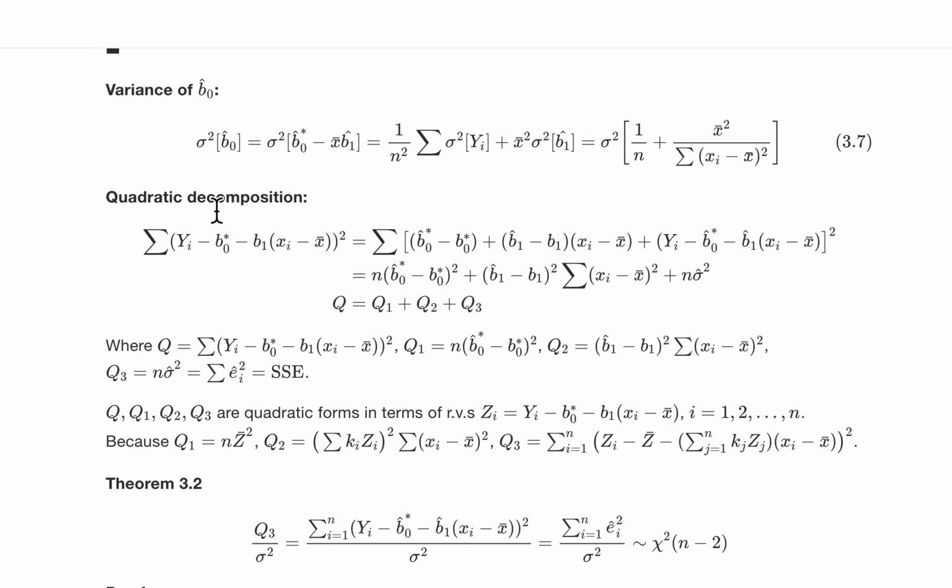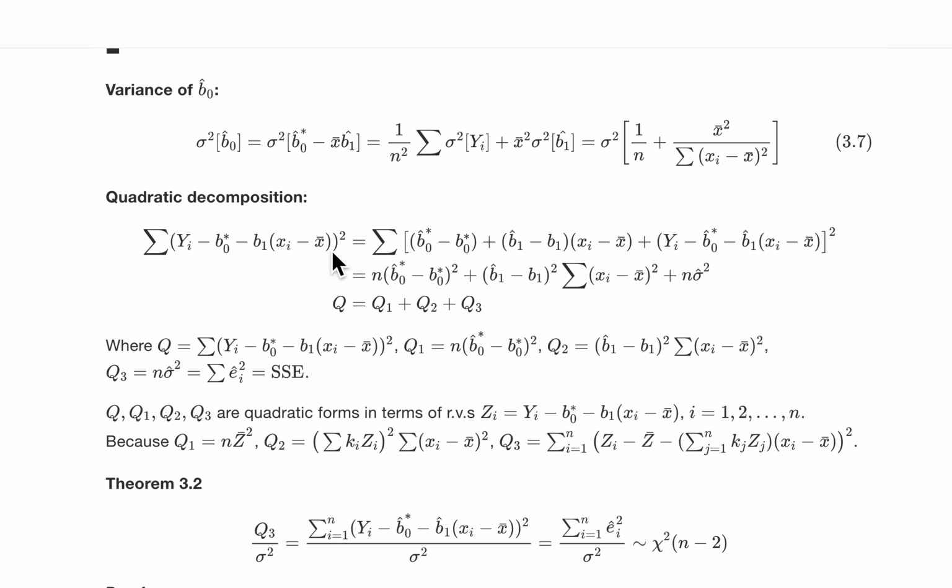Let's look at a decomposition of the SS. A decomposition of yi minus the linear part of the estimation, which is b0 star minus b1 times xi minus x bar, and that becomes only the error term. So that is the sum of the actual error terms squared.